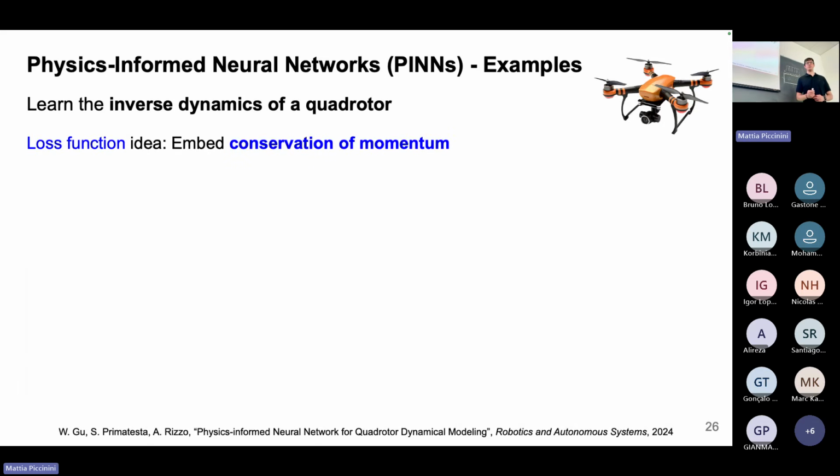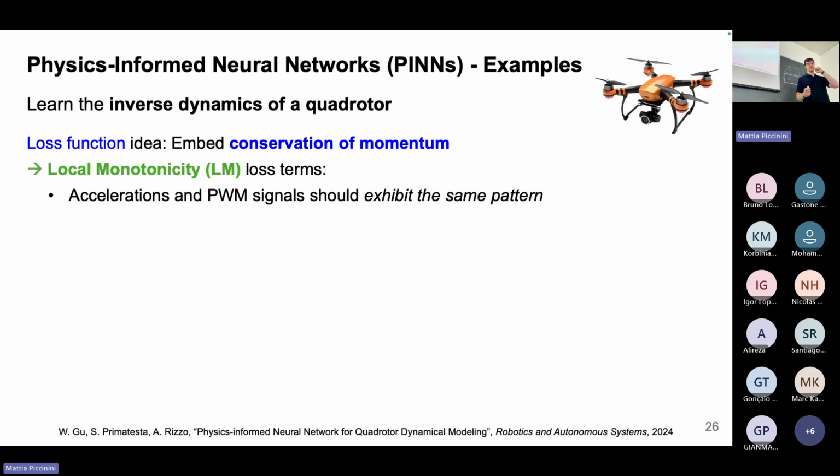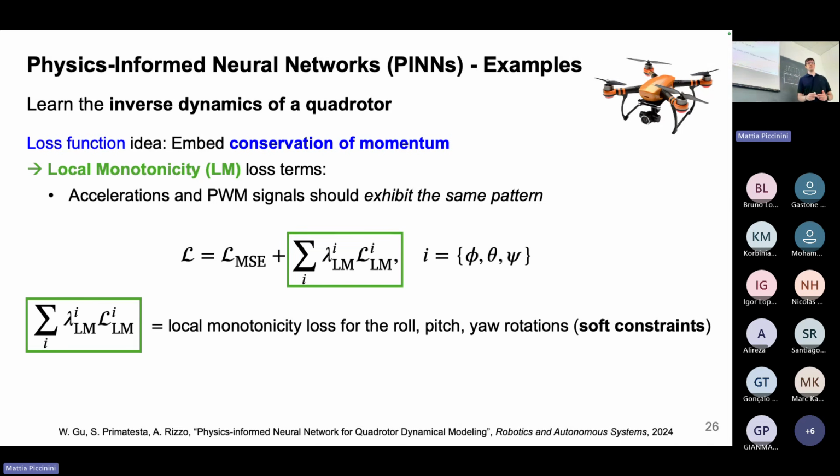So how they actually did is they said, yes, intuitively we want them to exhibit the same pattern. Accelerations and PWM motor signals should exhibit the same pattern. They should be correlated. And they introduced this local monotonicity term in their loss, the LM term. LM stands for local monotonicity.